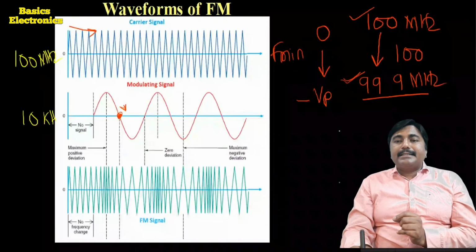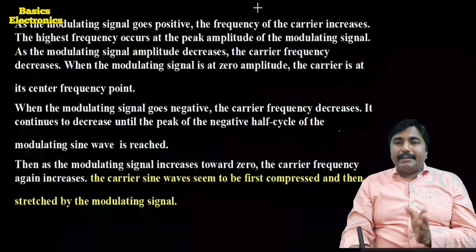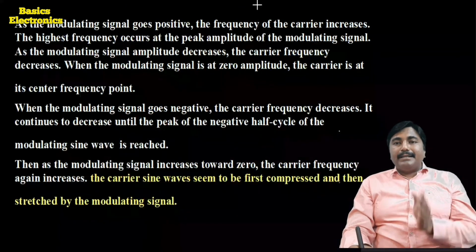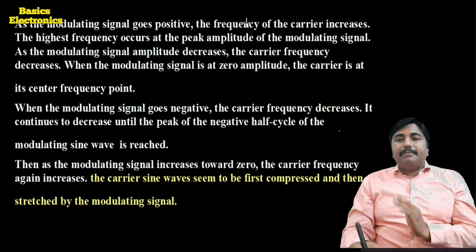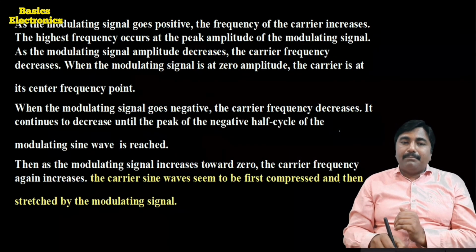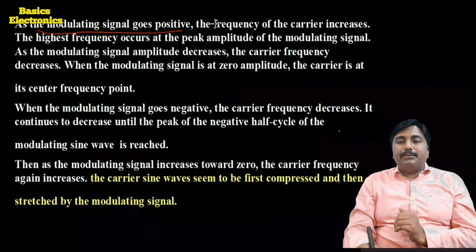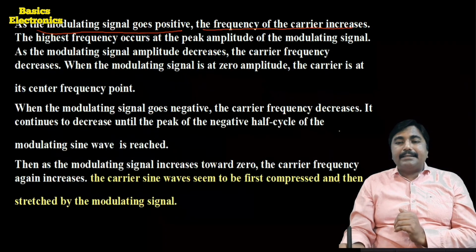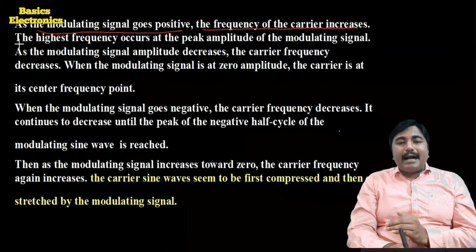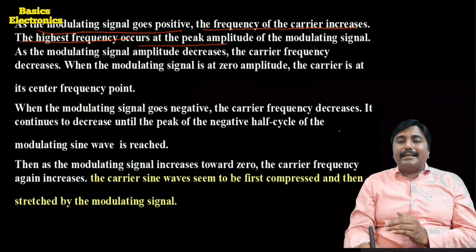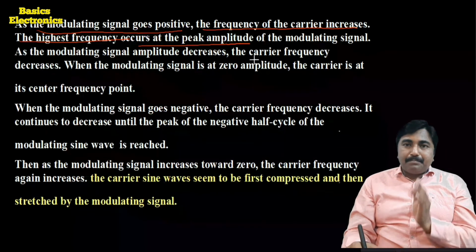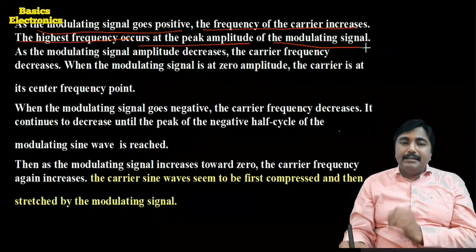We have to see some definitions used in the frequency modulation, but once again we recall the process of frequency modulation. As the modulating signal goes positive, the frequency of the carrier signal increases. The highest frequency occurs at the peak amplitude, means peak voltage of the modulating signal.